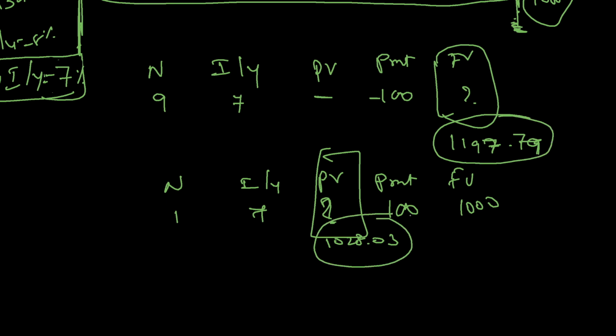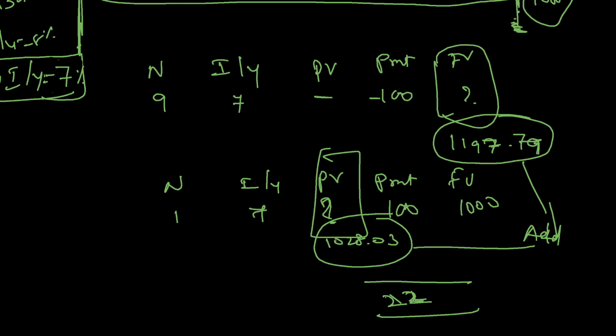So that means I am going to have 1197.79 and 1028.03. Adding these two numbers, I will get 2225.82, and I invested 1134.20.